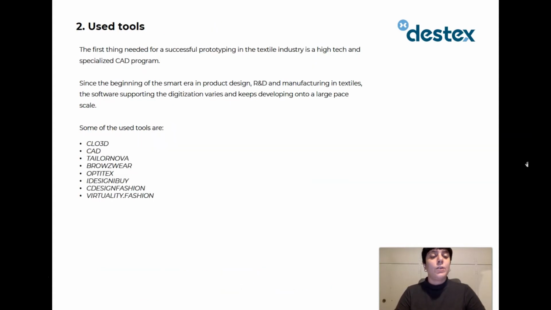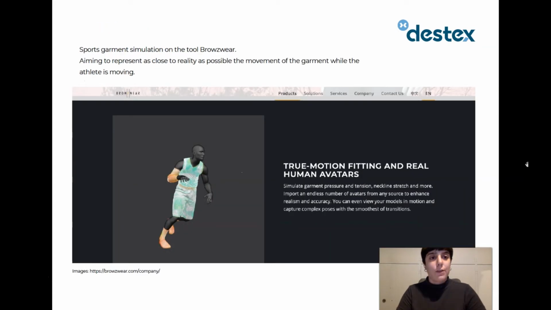Some very well-known tools for the 3D technologies are specialized CAD programs such as CLO or Optitex, TukaCAD, or Browzwear, and many others. For example, here we have the image of the software tool called Browzwear, representing a sports garment simulation on the athlete's body and the movement that the garment will take while the athlete is moving.